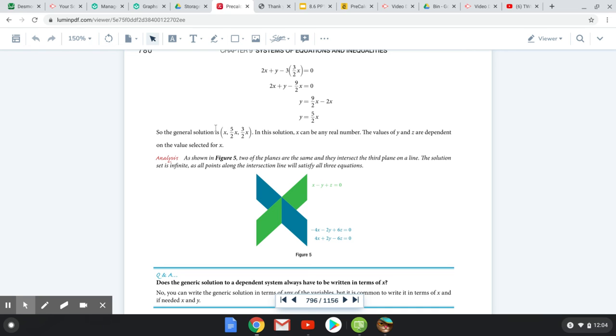I'm not going to require that you do this, but I want you to be aware that this is something that can happen. So essentially, you don't know anything about x, but you do know y and z in terms of x. So it's still infinitely many solutions.